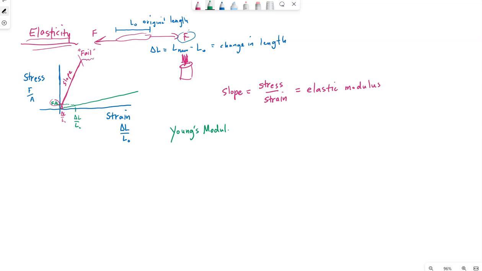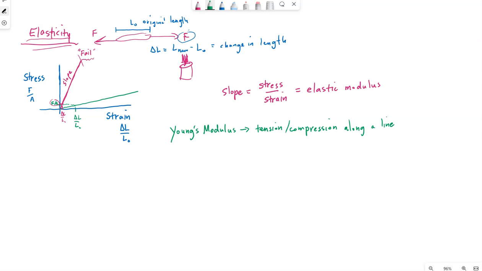And this modulus, this is essentially what I'm representing here. You apply tension or compression, so some sort of force per area along a line.